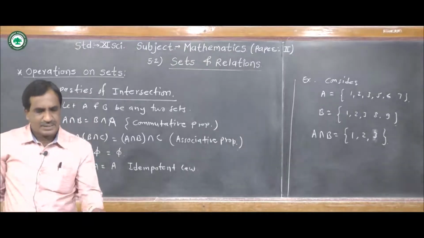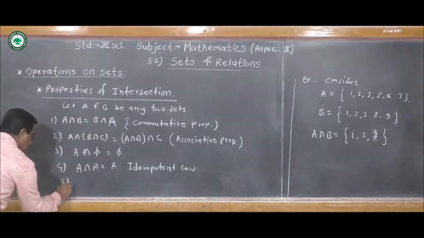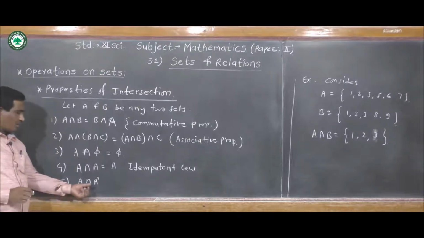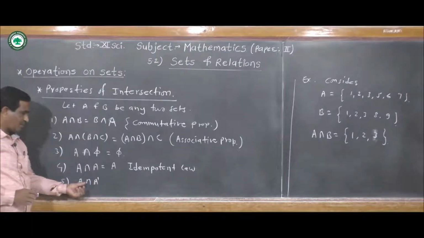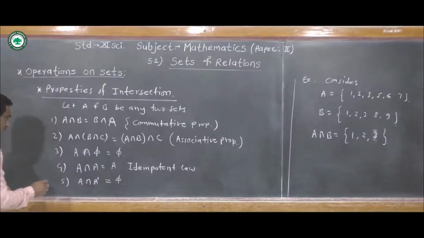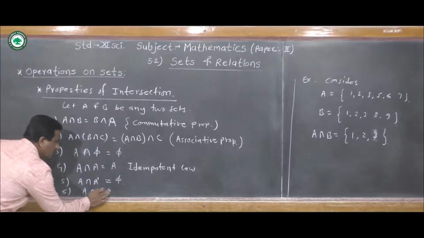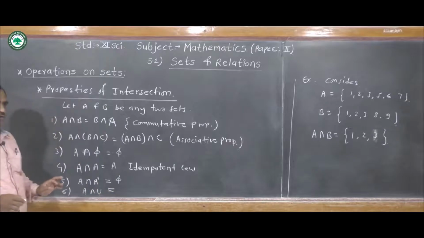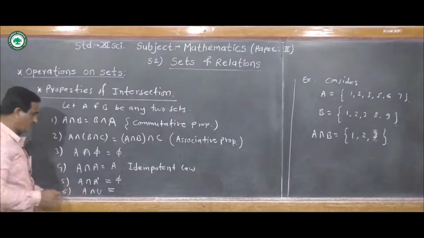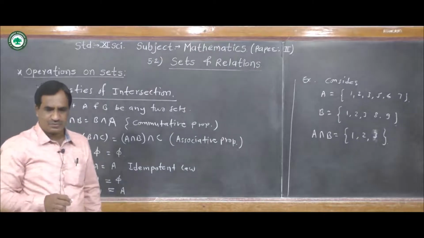The next property is A intersection A dash, that is given set A and complement of set A dash, intersection of these two sets is equal to empty set. Okay. Number 6, A intersection U, that is given set A and universal set U, intersection of these two sets A intersection U is equal to A.